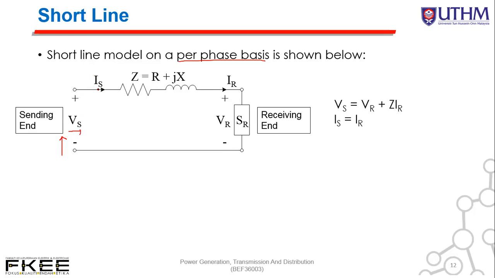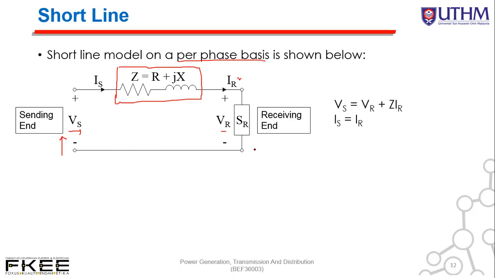So there will be the sending current Is, and Vs is the sending voltage. The sending current goes through the series impedance Z equal to R plus jX. The output current from the impedance of the transmission line is called the receiving current, IR, and then at the end we have the receiving voltage VR.